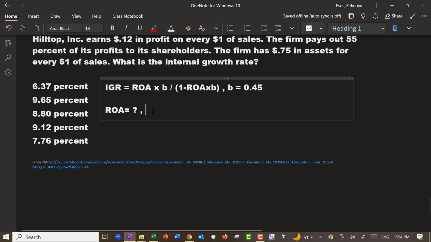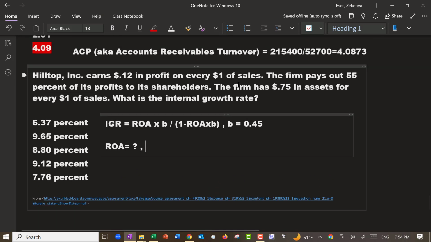No, all it says is for every dollar of sales, net income is a total dollar amount. It's not a ratio. For every dollar of sales, they make 12 cents in profit. So what is that number? Yes, it is 12%, but what does that mean?